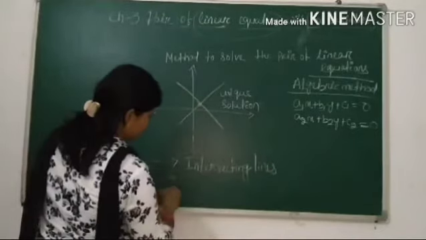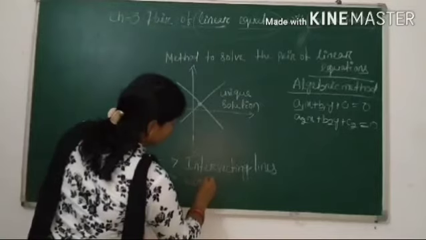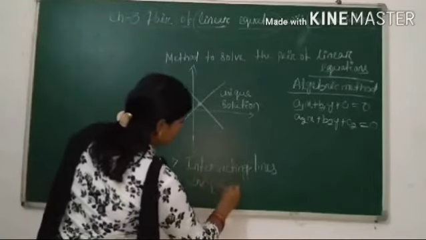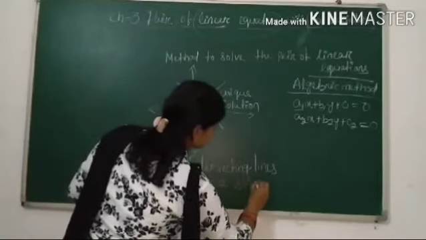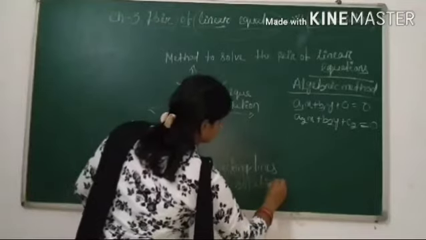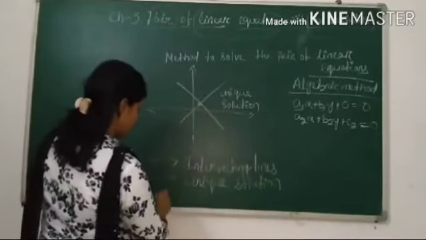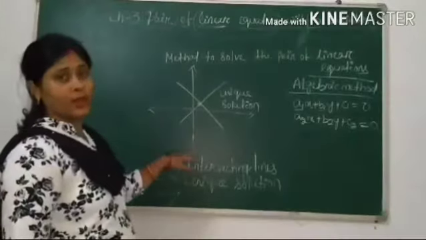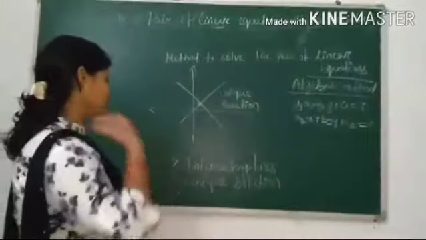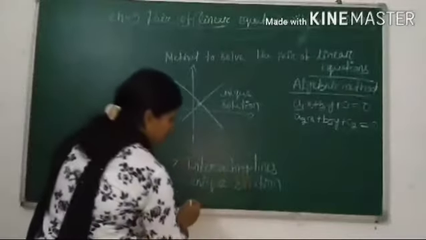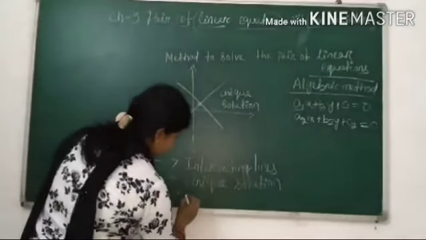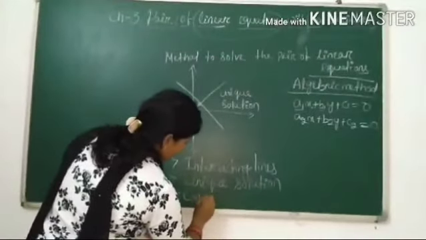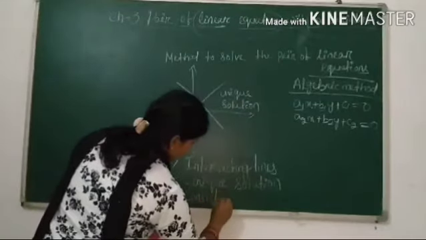And the second one is that a unique solution is possible, and the condition is A1 by A2 is not equal to B1 by B2. If a unique solution is possible, this type of equation is known as a consistent equation.